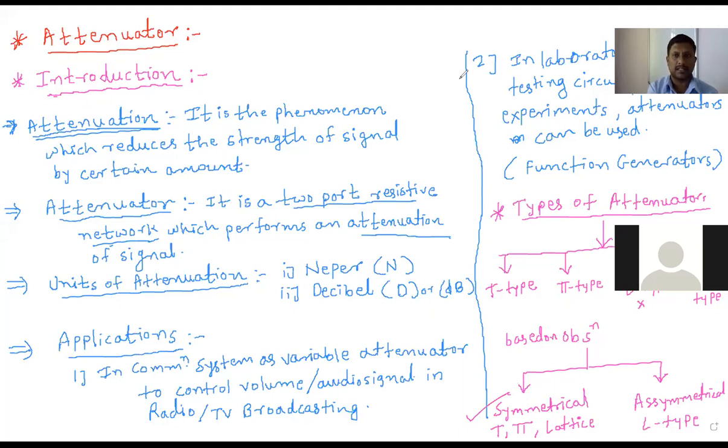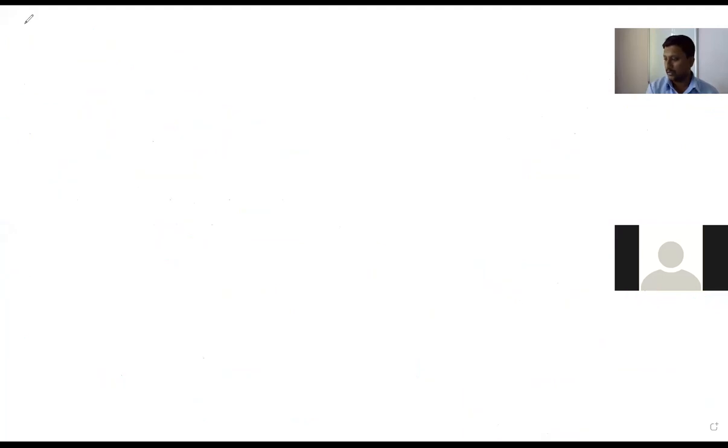Okay. So all of the theoretical points you can easily understand. Now the next point will be the relationship between the Neper and Decibel. This question was asked a number of times: explain the relationship between Neper and Decibel. You can mark it as IMP for the offline exam.